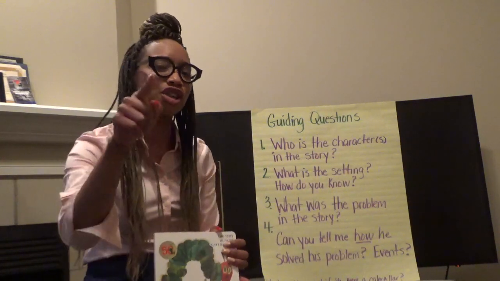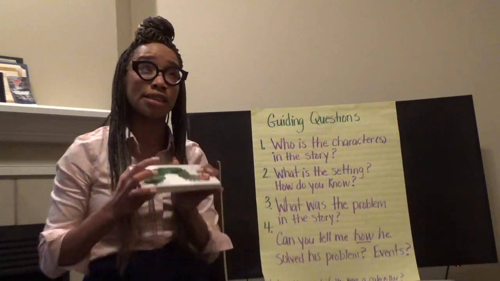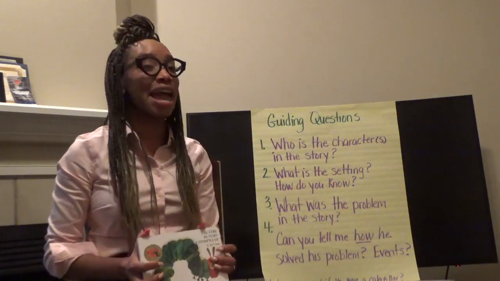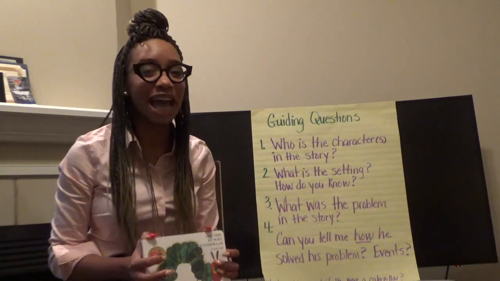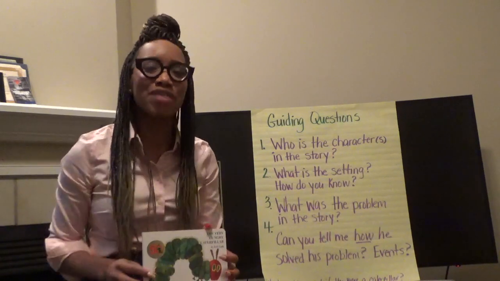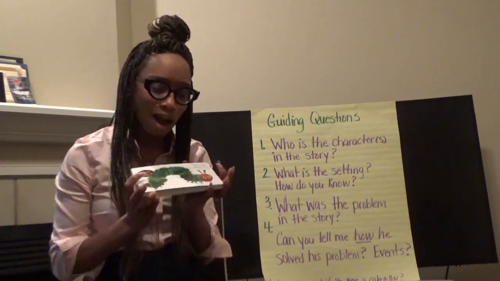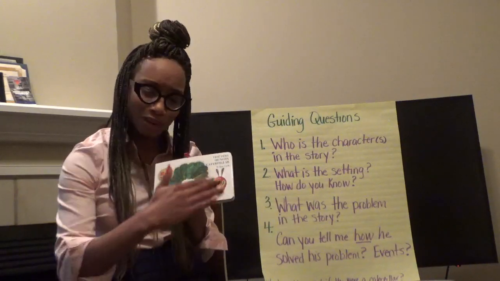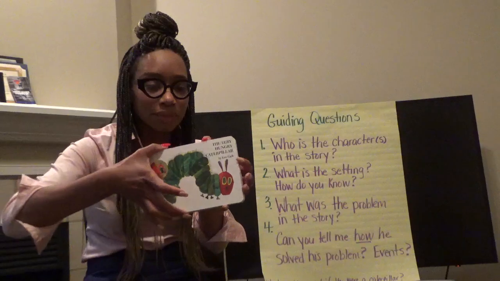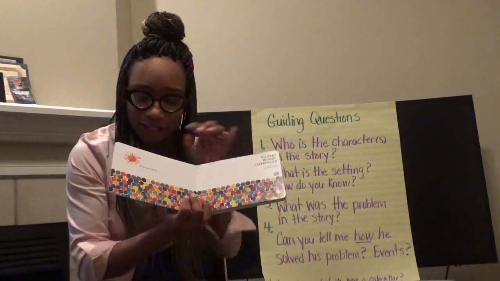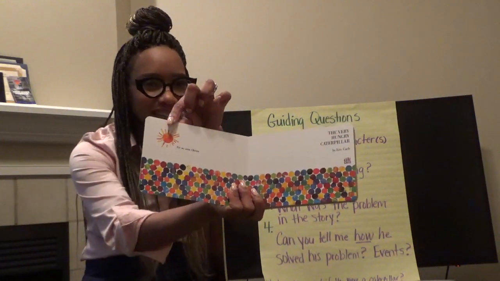Now, I challenge you right now to take a piece of paper and a pen and draw a very hungry caterpillar. Your very hungry caterpillar. And I want you to color it just like you see it here. Draw a sun, just like you see it here.